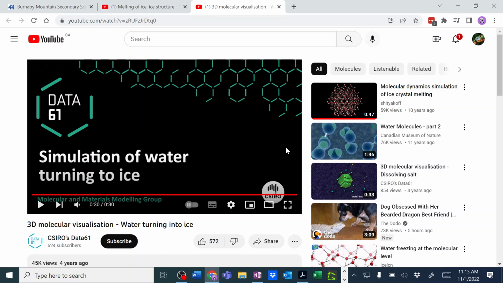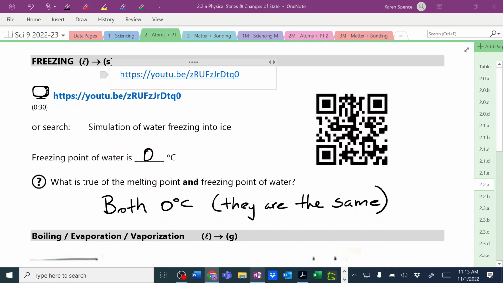Okay, back we go. Now, boiling and evaporation and vaporization. Boiling takes place at the boiling point.